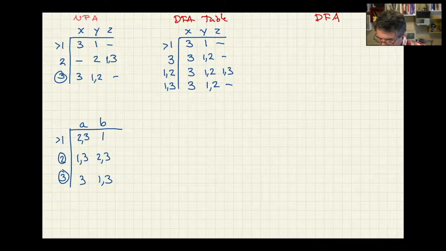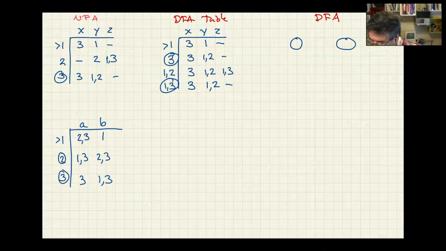And then our accepting is anything with a 3 in it. So our DFA is going to have 4 states. Starts at 1. On an X, it goes to 3. And on a Y, it goes back to itself.